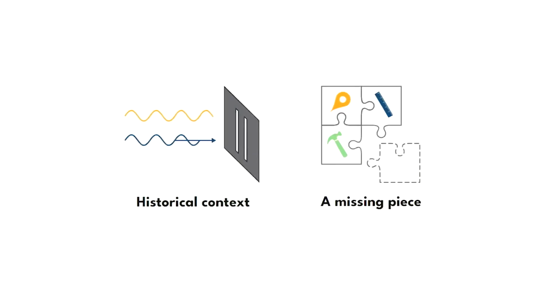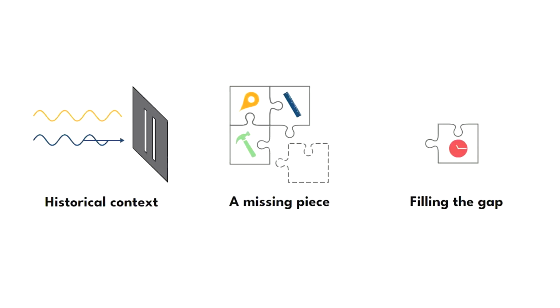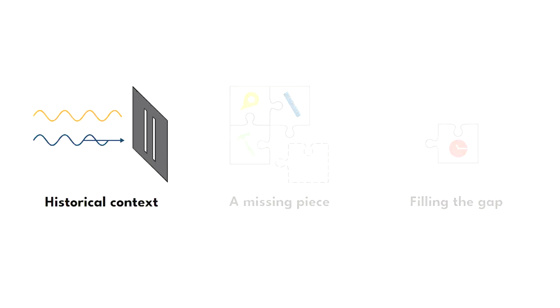In the next part, we will review what you have learned in the past 2 days and make you realize that there is actually one missing piece. The whole point of these lectures is to fill the gap. So let's go to the first part, the historical context.